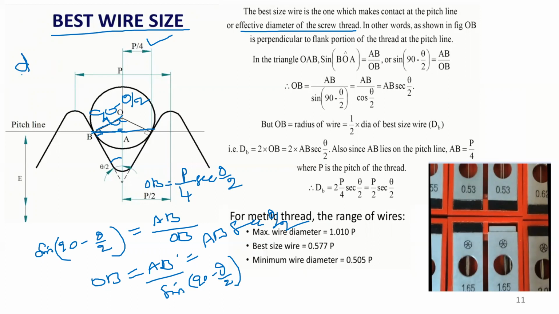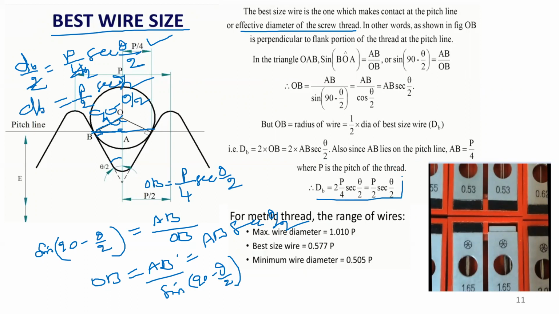Therefore, dB by 2, where dB is the best size of the diameter, is equal to P by 4 secant theta by 2. So dB becomes P by 2 secant theta by 2.